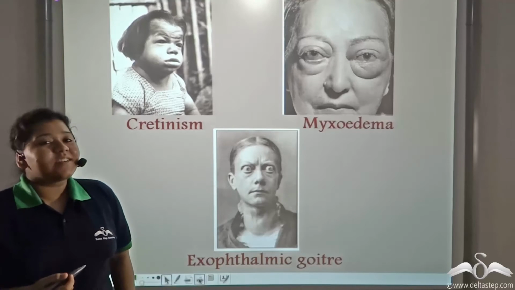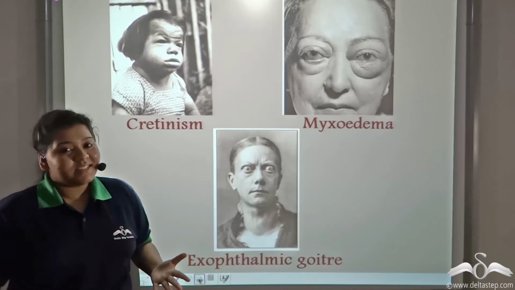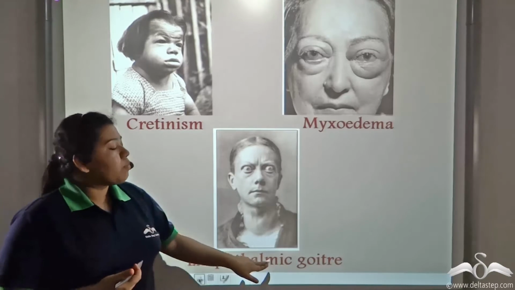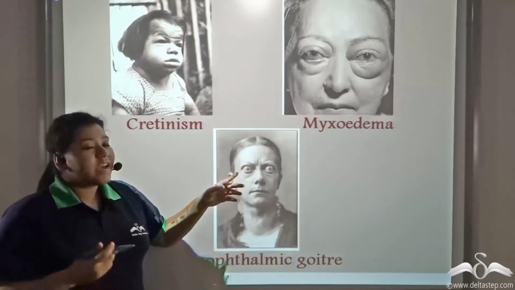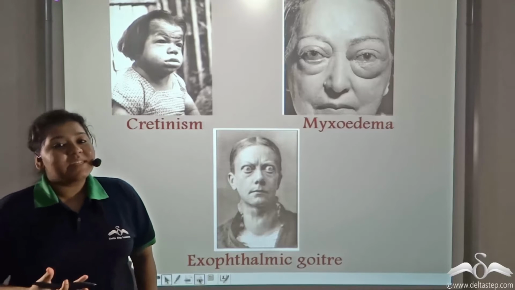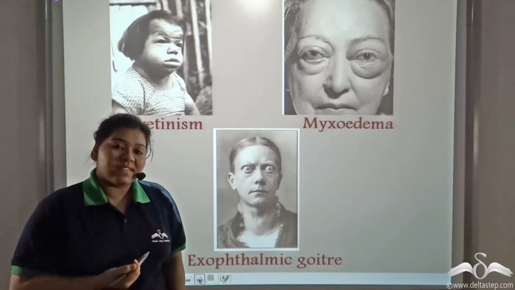Now, over-secretion of this hormone would mean more basic metabolic rate, and that leads to a disease known as exophthalmic goiter when the eye protrudes out, and also the heartbeat increases and there is shortness of breath.